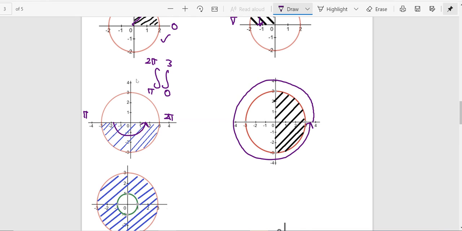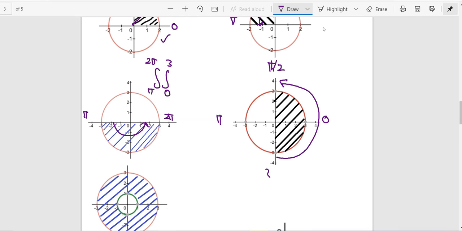So for this part, we should start from here up to here. Now we know that this one is 0, this one is pi over 2, this one is pi, and this one should be 3 pi over 2.